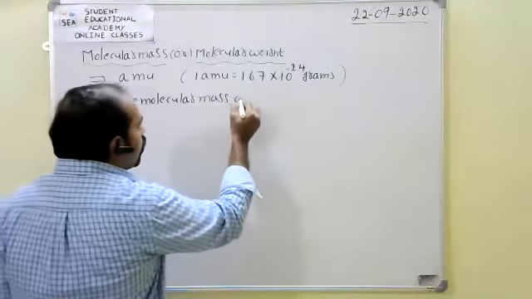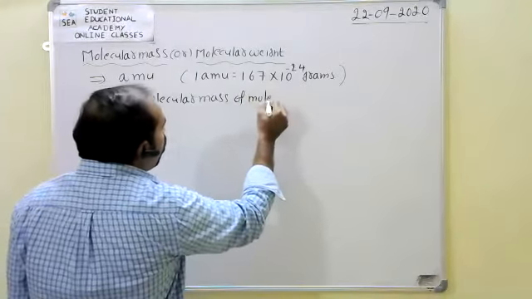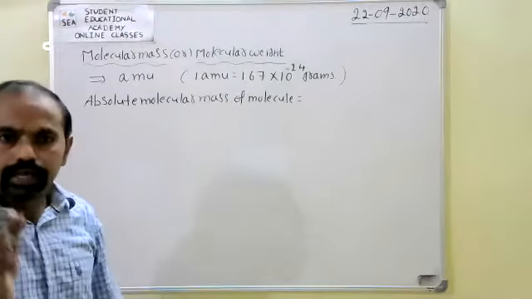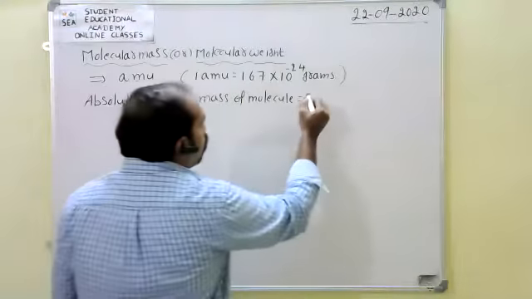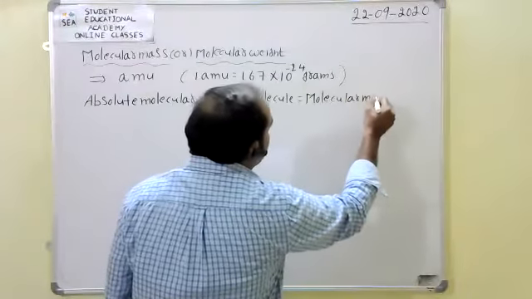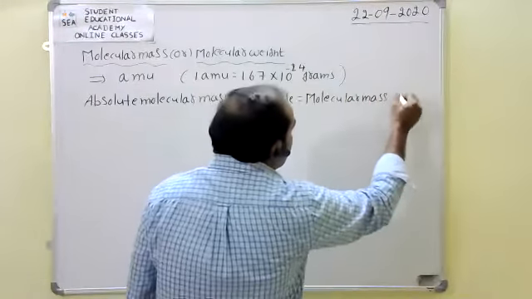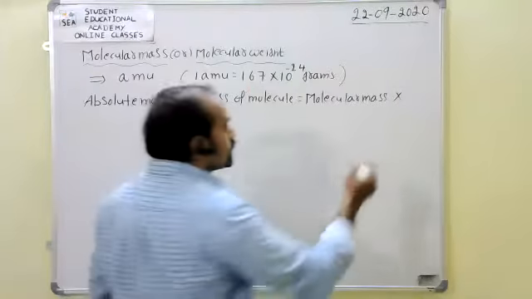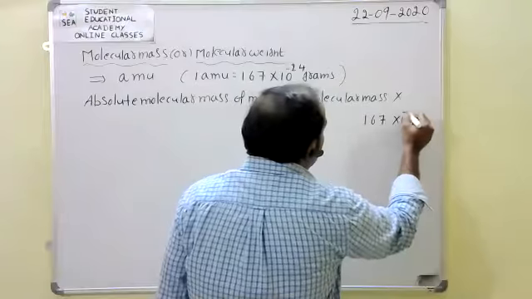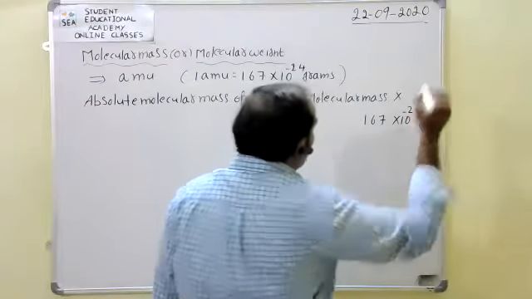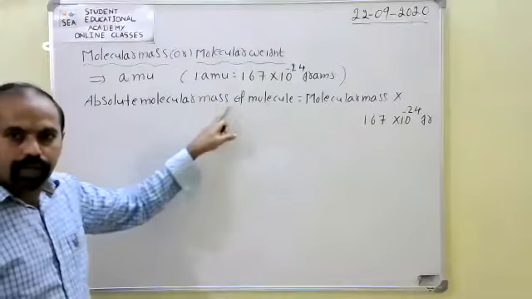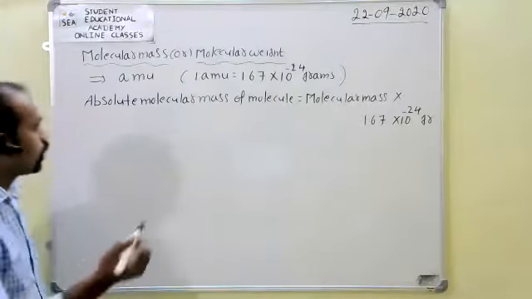Absolute molecular mass of a molecule is always equal to molecular mass into 1.67 into 10 power minus 24 grams, that is equal to the absolute molecular mass of the molecule.